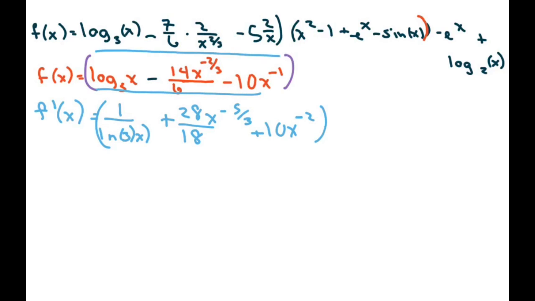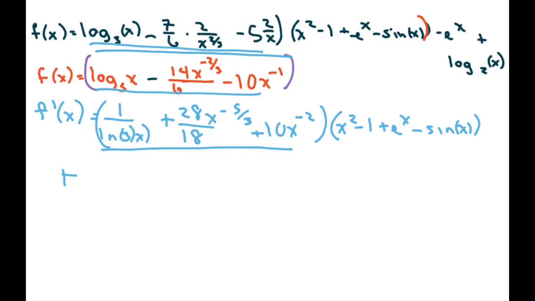I just rewrote that. Now then you just copy this piece down, which is x squared minus 1 plus e to the x minus sine of x. Alright, then you add this piece, not this piece, this piece. So let me write that piece down, which I'm just going to write it like this.